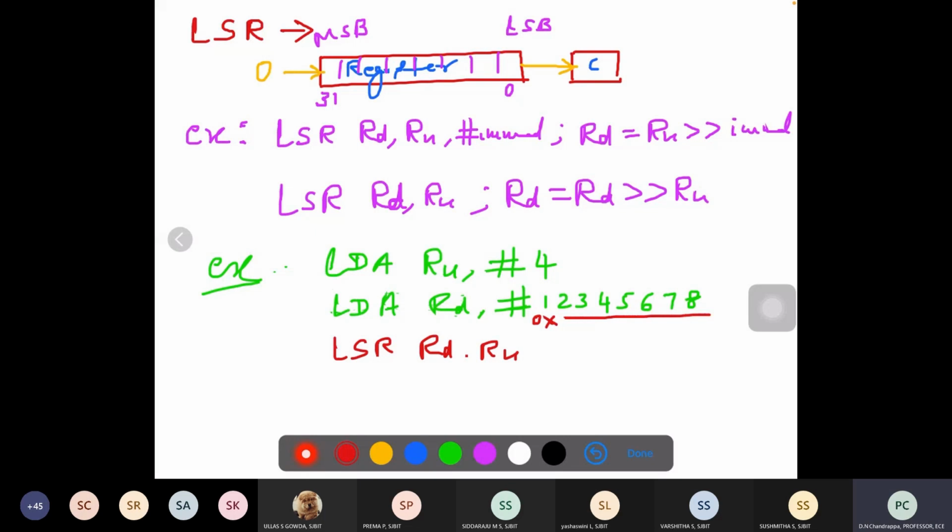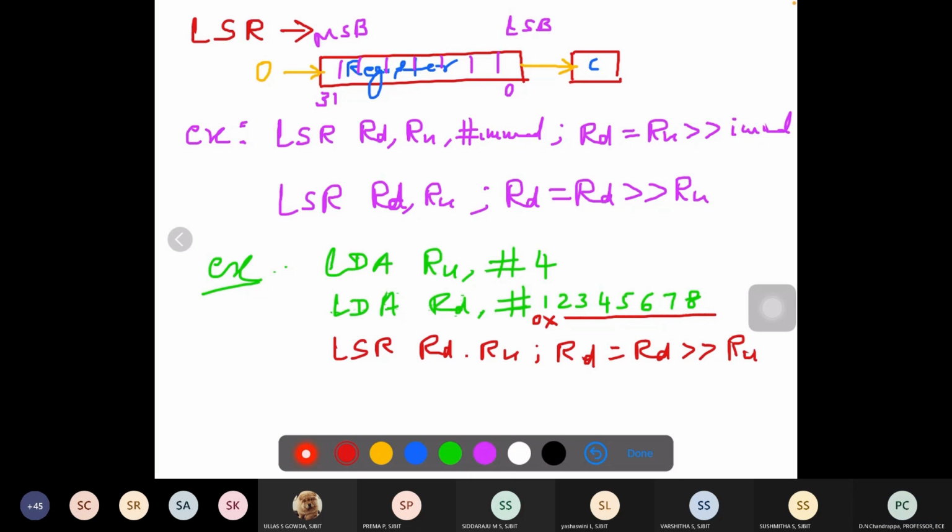See, please look into this. 4 bits. And the RN will specify the 4 bits of data to be shifted towards the right. The RD register value should be like this. We are using a 32-bit register here, 1, 2, 3, 4, 5, 6, 7, 8, like this.